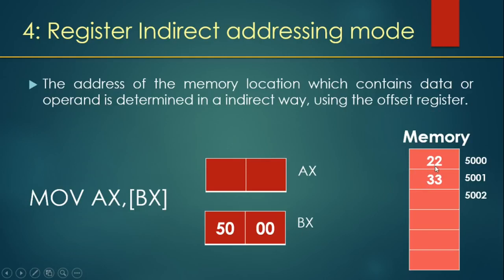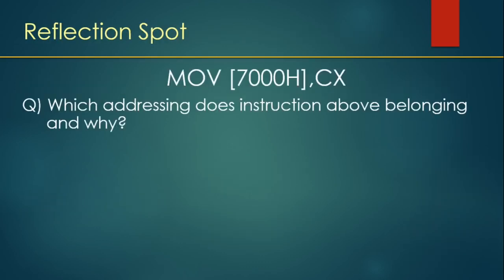So 5000 has 22 and 5001 has 33. This data is being pointed to by the address given in the BX register. After the execution of this instruction, the data 2233 located at 5000 and 5001 will be copied to the AX register. So that is register indirect addressing mode.